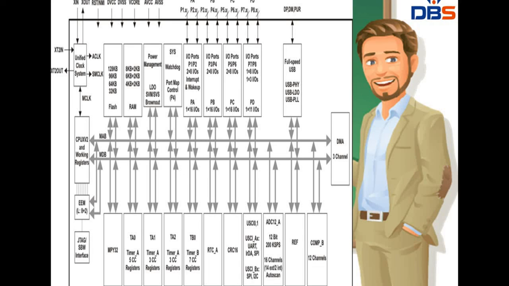If this USB is disabled, then the 2 kb buffer space is mapped into the RAM, and the USB pins can be used as general purpose IO pins.